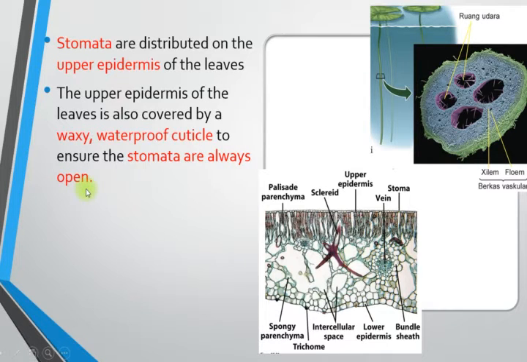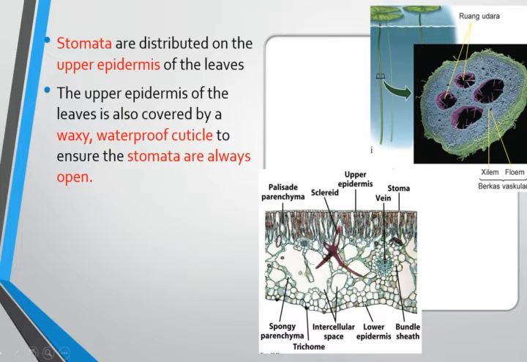So that is the upper epidermis of the leaf of the floating plant, which has a waxy, waterproof cuticle. The stomata are distributed more on the upper epidermis of the leaf, not like a land plant. In a land plant, stomata are distributed on the lower epidermis, but for the floating plant, the stomata are distributed on the upper epidermis.